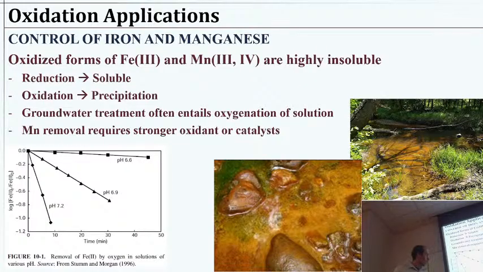And a little graph here, this is a removal of iron by oxygen in some solution at various pHs. If you recall from last time, we could see that pH had some relationship with our oxidation reduction potential. So if we check this at a pH of 7.2, the speed at which we are removing iron is quite fast.